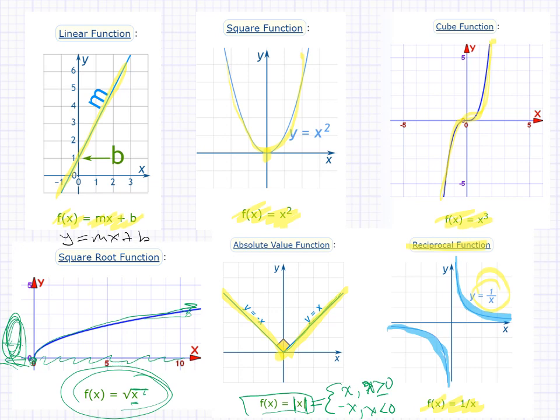The reason being is the domain value x can't be 0. You can't have 0 in your domain. Therefore, this x value, which would be 0 right here, is breaking the graph into two pieces. We will discuss the reciprocal function when we talk more about something called a rational function, and that's one that has quite a bit of detail involved in it.